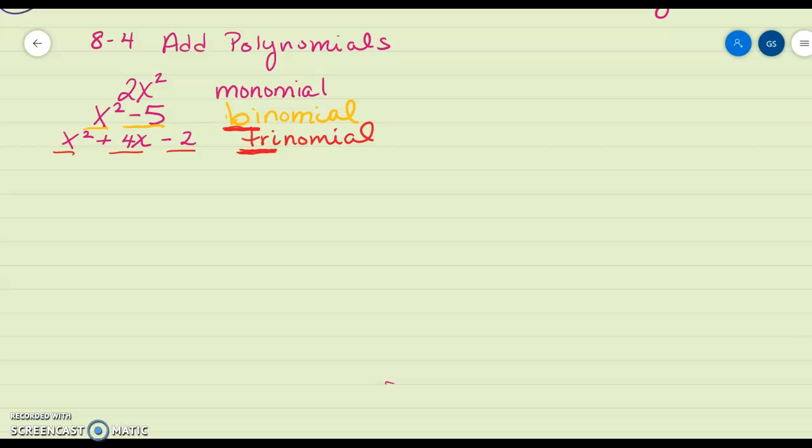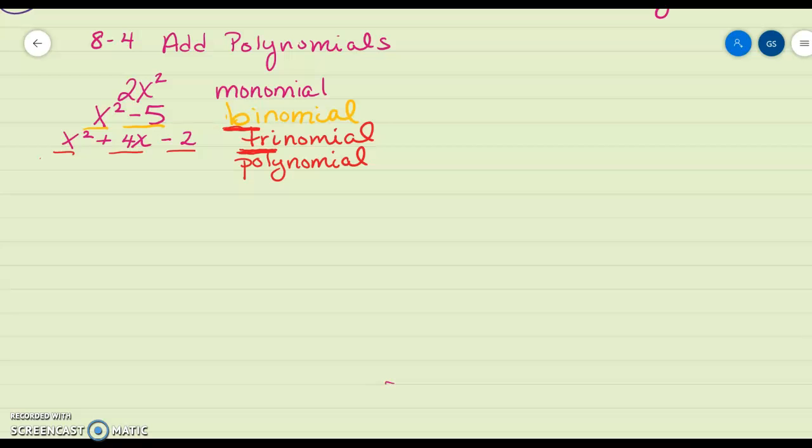All right, so here's what we're going to do. We're going to add these. Oh, sorry, I want to add one more here. Then I'm going to put in a polynomial. And a polynomial is just more than one term. So a binomial is a two-term polynomial, and a trinomial is a three-term polynomial.